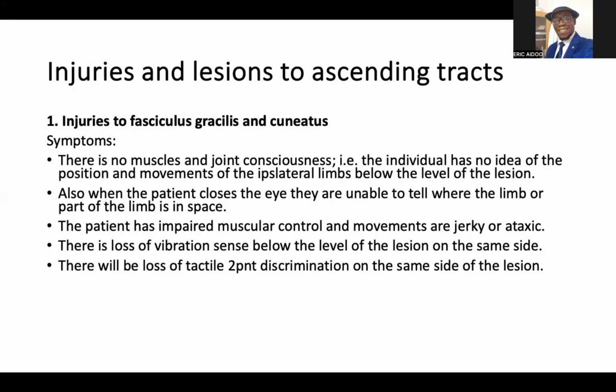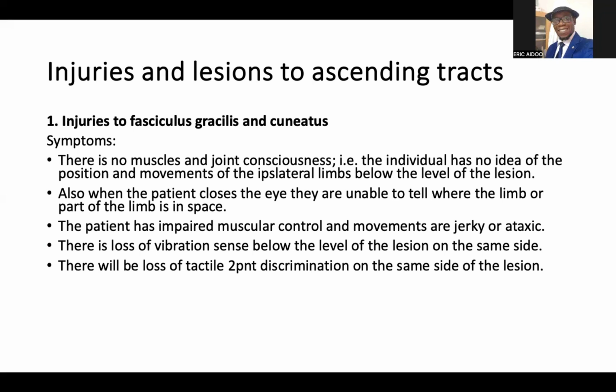Also when the patient closes the eyes, they are unable to tell where the limb or part of the limb is in space. The patient has impaired muscular control and movements are jerky or ataxic, so the movements are not well coordinated. There's loss of vibration sense below the level of the lesion on the same side.